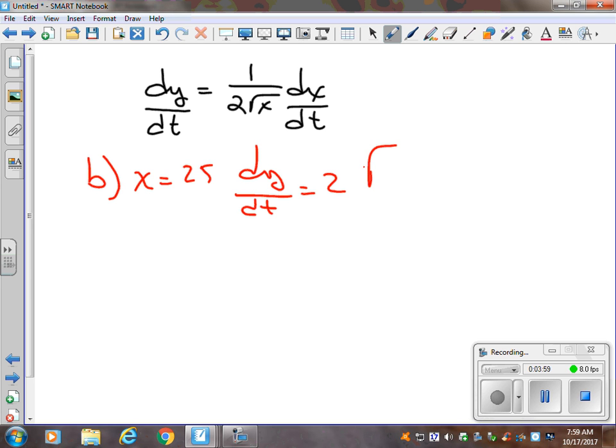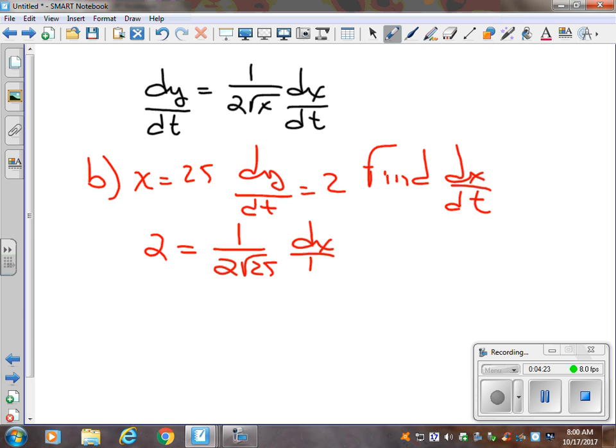Find dx over dt. So this time I'm looking for how x is changing when y changes by a whole 2 units. So we fill in our formula. Now dy over dt on the left will be 2. We'll have 1 over 2 square roots of 25 by plugging in the x value, but we don't know dx over dt that is multiplied by that derivative.